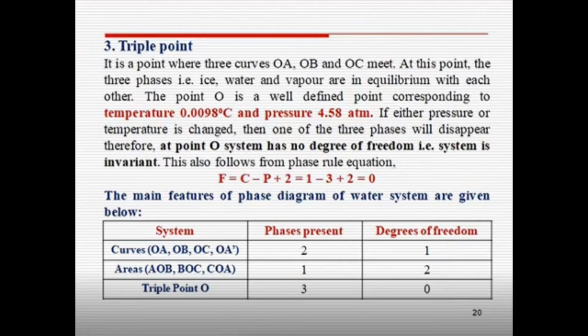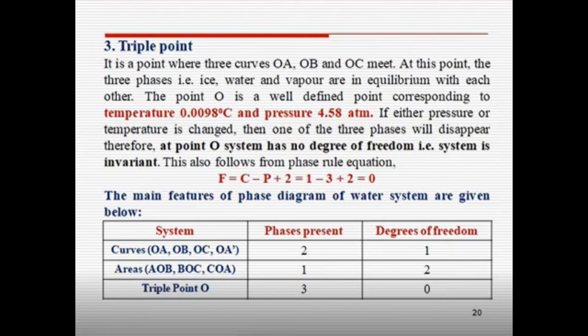It means the system is non-variant or invariant. Corresponding to point O, there is a particular temperature and pressure. Temperature has value 0.0098 degrees Celsius and pressure has value 4.58 atmosphere. And this point is also known as the triple point or point of intersection.